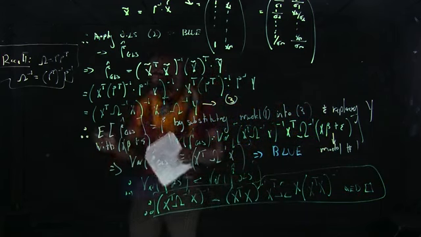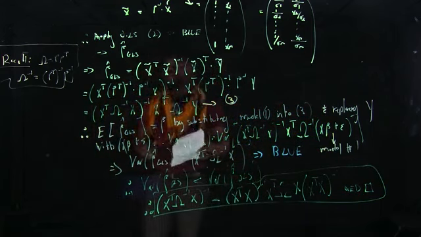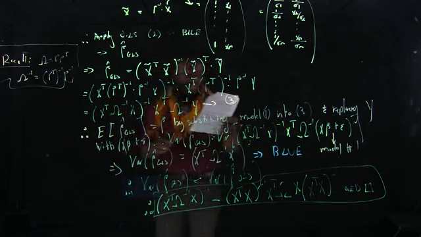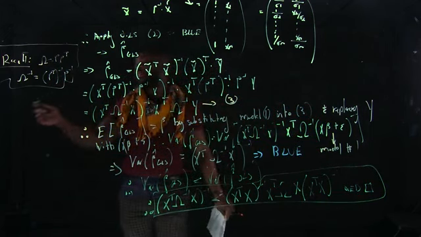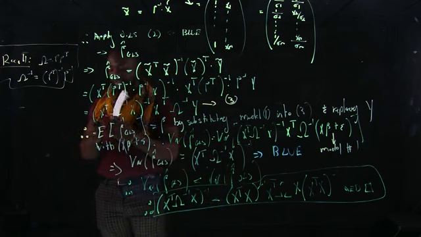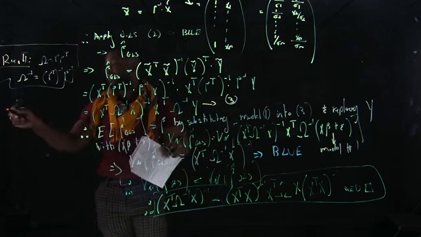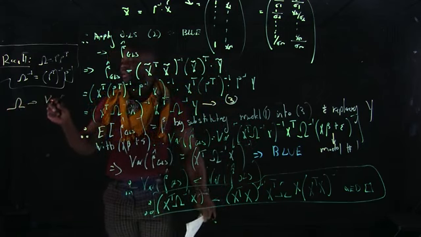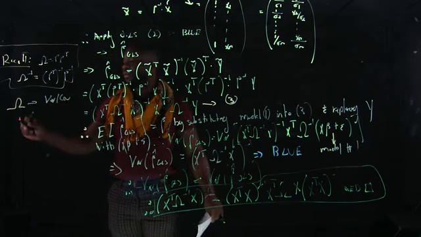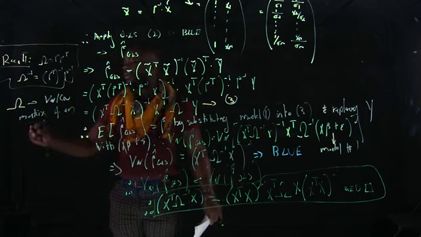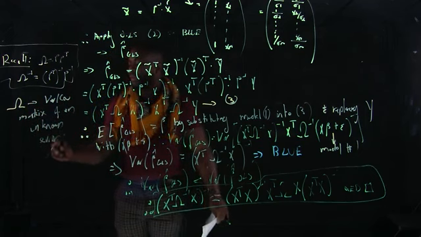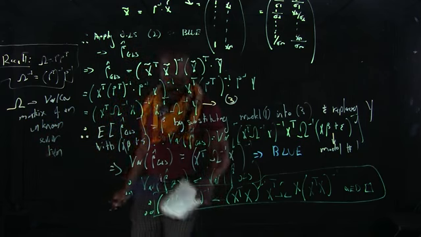Just recall that we need omega, but we don't know what omega is. It's the variance covariance matrix of an unknown error term.